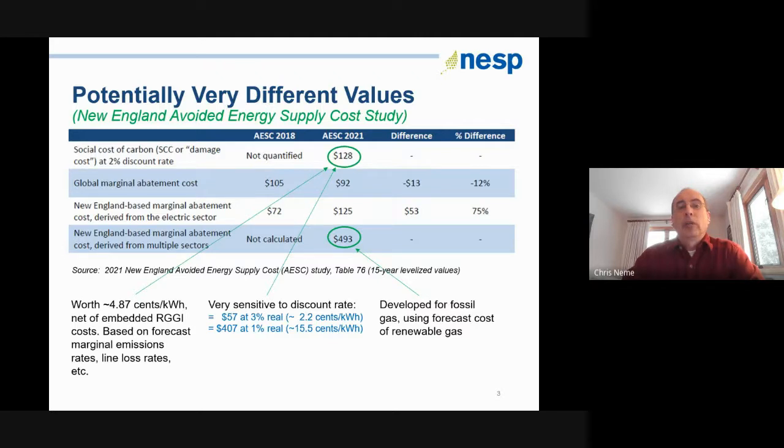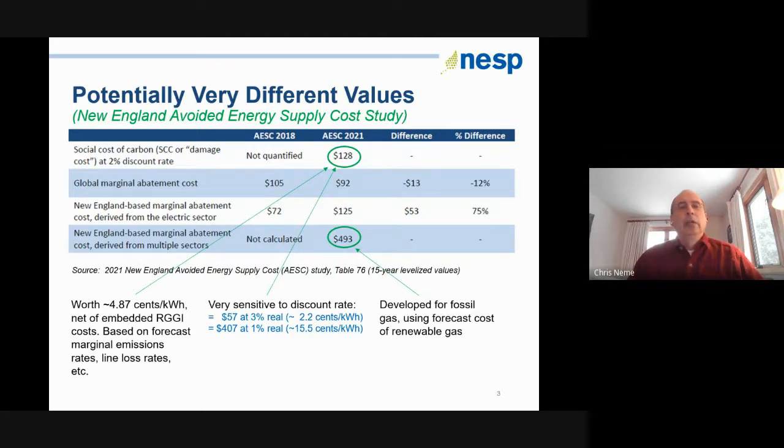And the $493 per ton value was an estimate developed for the first time in this study for the marginal abatement cost of decarbonizing buildings that are currently using natural gas. And the proxy for that value was the forecast cost of renewable gas at a significant scale.